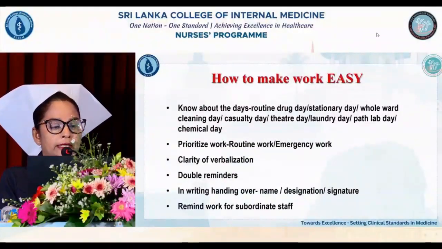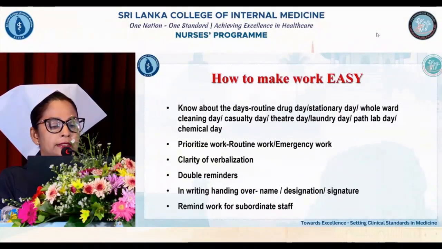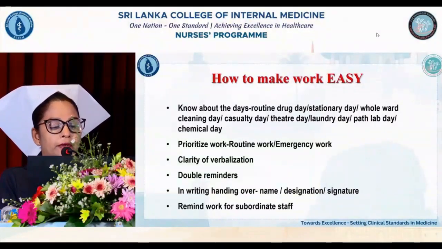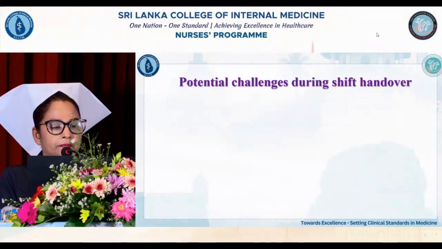How to make work easy? Know about the routine days, prioritize work, and have clarity of verbalization. What you are saying, you have to clarify everything. Double reminders in writing, handing over name and designation, and reminding work for subordinate staff.